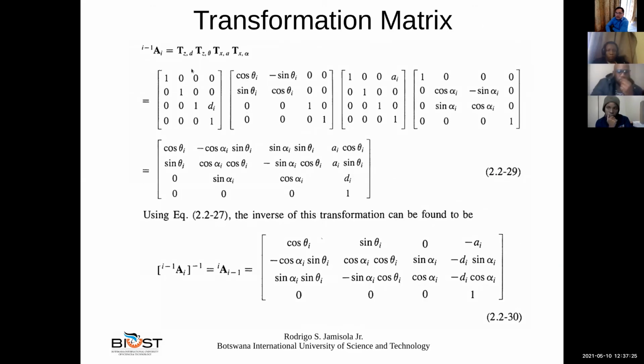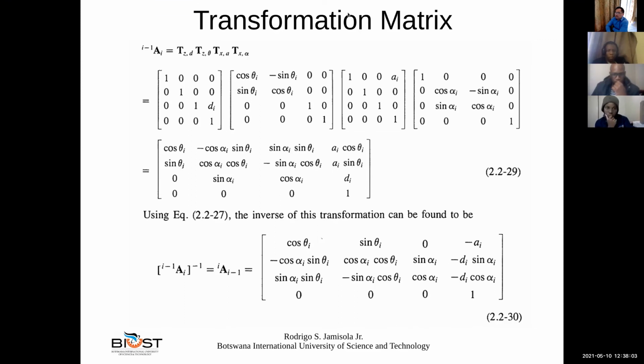Now, these are the 4 basic transformation matrices. There are 4 basic transformations: translation along the Z-axis of a distance D, rotation about the Z-axis of angle theta, translation along X of a distance A, and rotation about X of angle alpha.